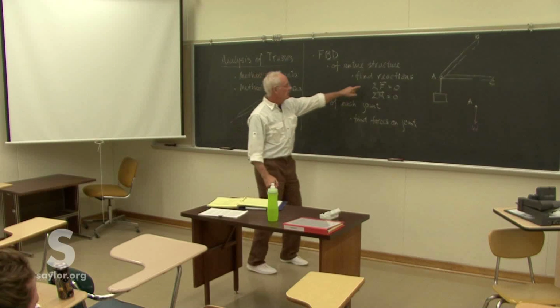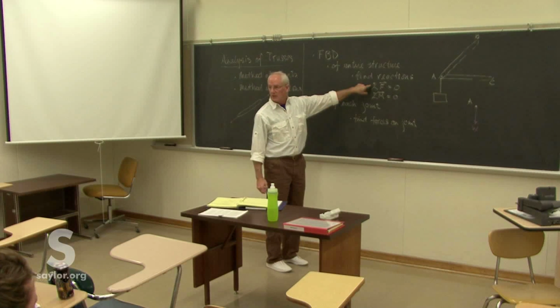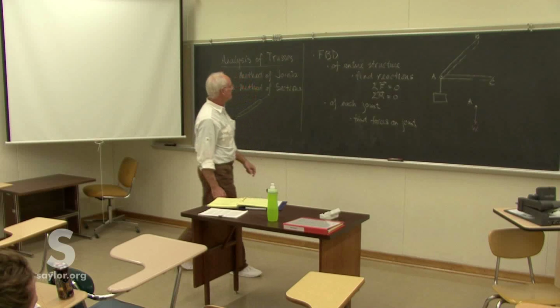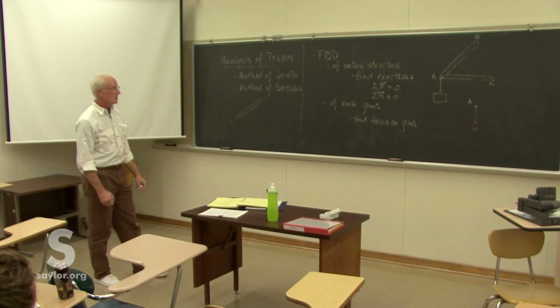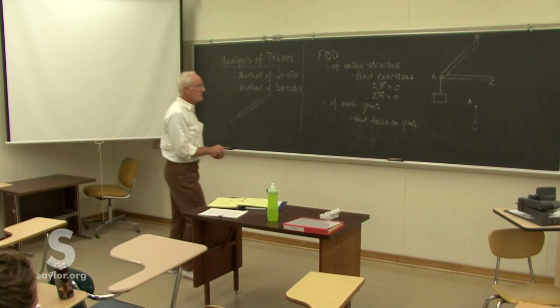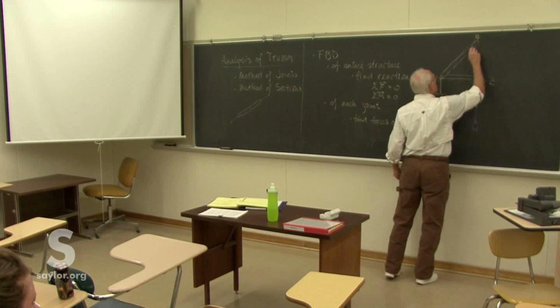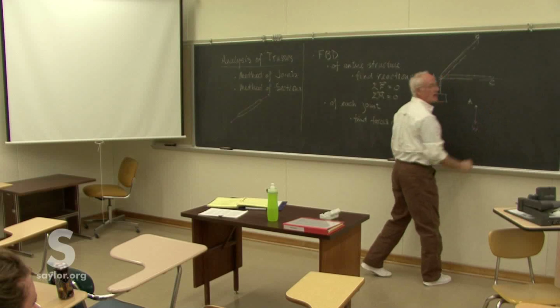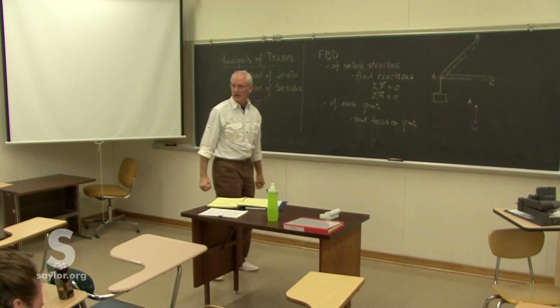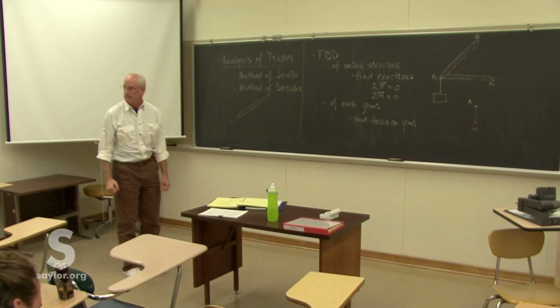Otherwise, we couldn't possibly solve a force balance on a two-force member. There's no other way. That means to us that the forces always lie along the line connecting the two adjacent joints.